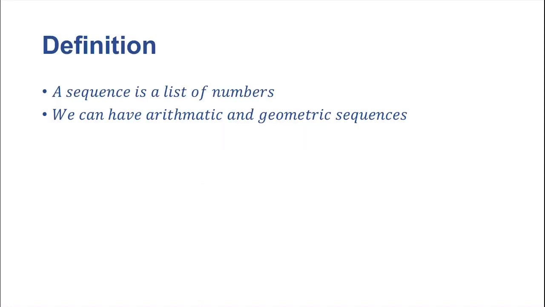As you should know from pre-calculus, the definition of a sequence is simply a list of numbers. I could have 1, 2, 3, and then we could keep going. That is all of the natural numbers, so for that we write an N. Or I could add 0, then 1, 2, and keep going.